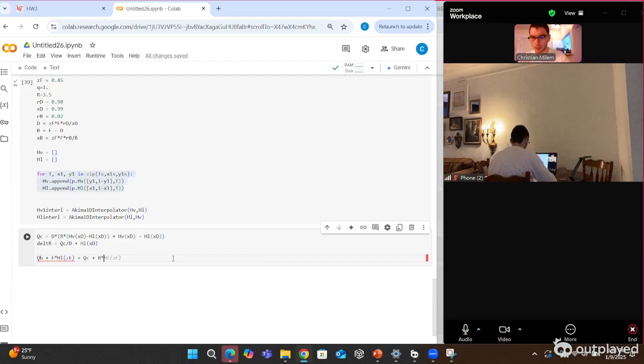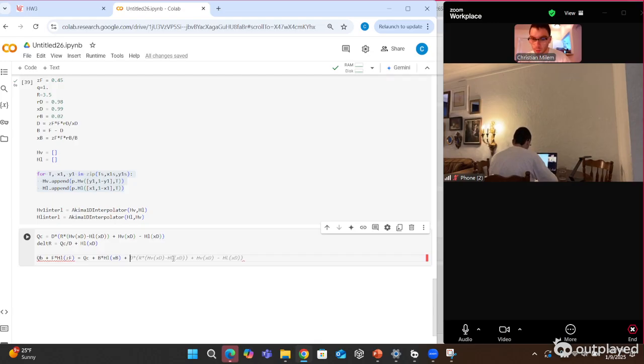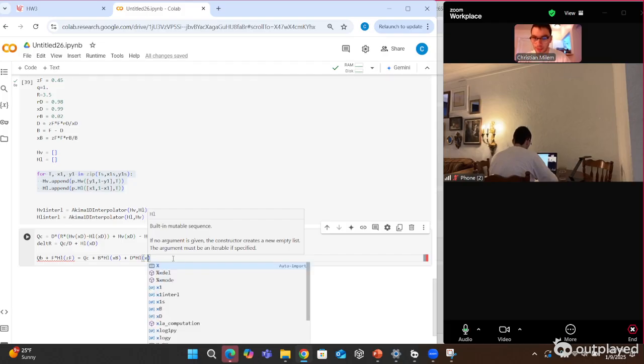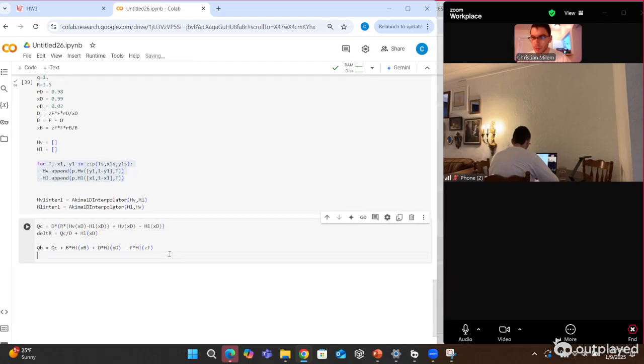So B times HL, and what is our mole fraction? XB, plus D times HL. So it'd be this, but then if we want to get this by itself, I think that should be good.